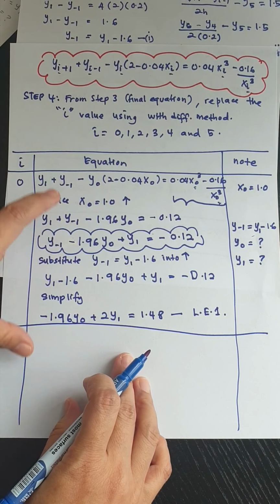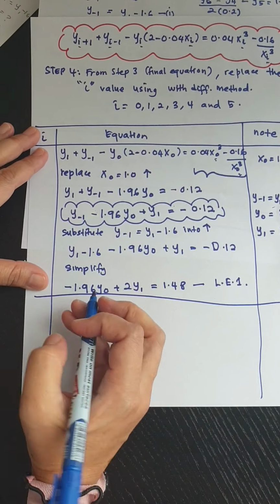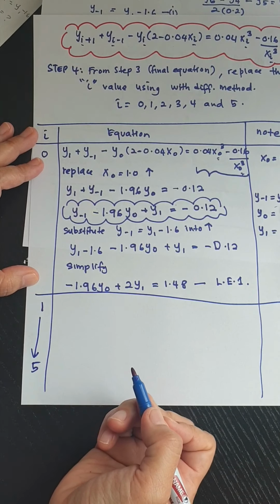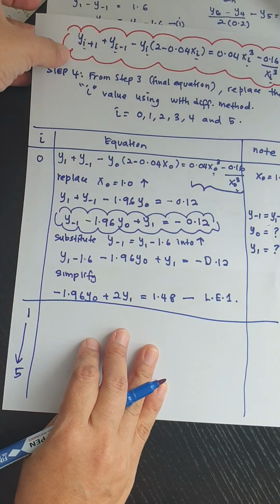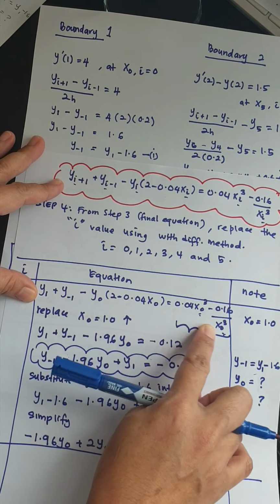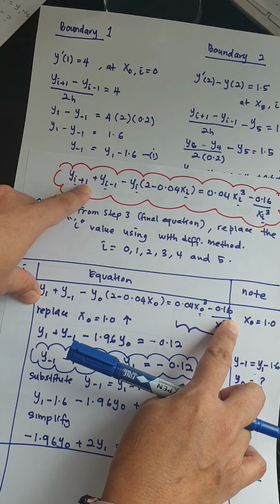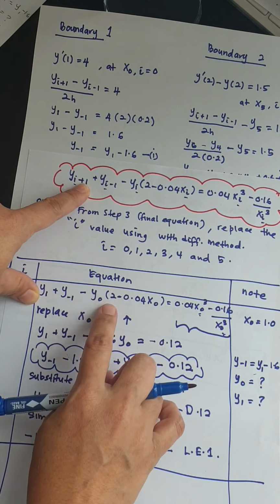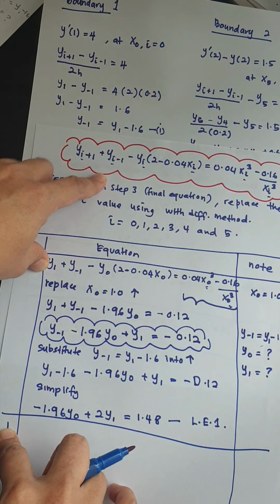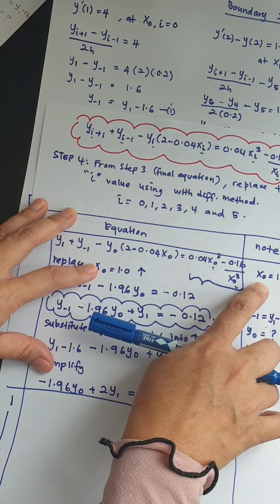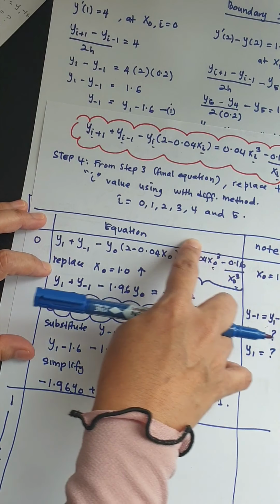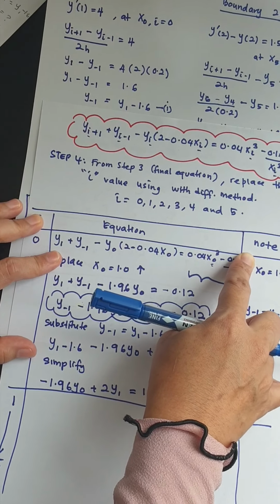You have to repeat the same step for i equal to 1 until i equal to 5. The same procedure. From step 3, rewrite back the equation by replacing the i value according to your current i, and then you have to check what are the x values that have been produced in your simplified equation.